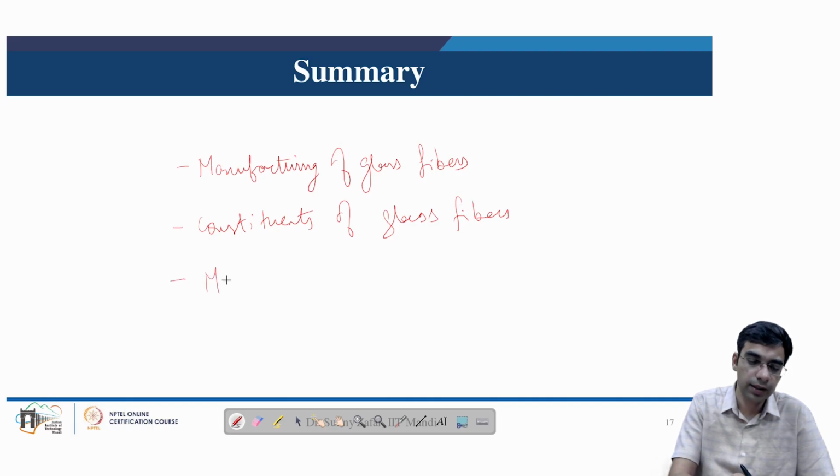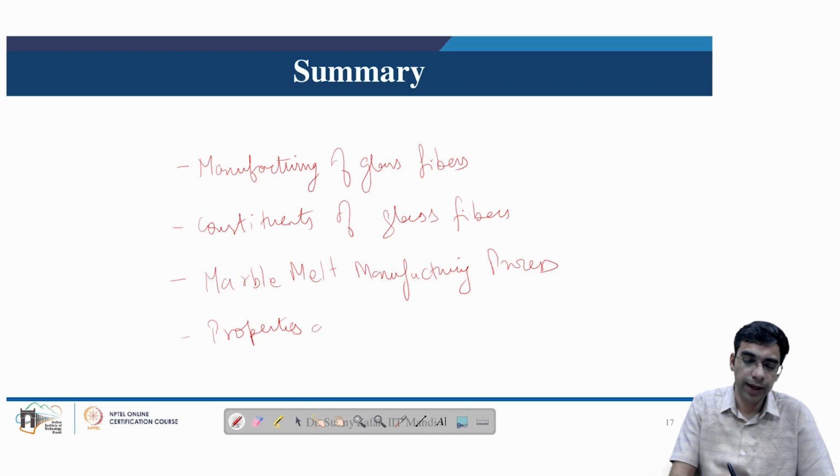We have looked at the marble melt manufacturing process which is used to make the glass fibers, and then we have looked at properties and applications of glass fibers in general.